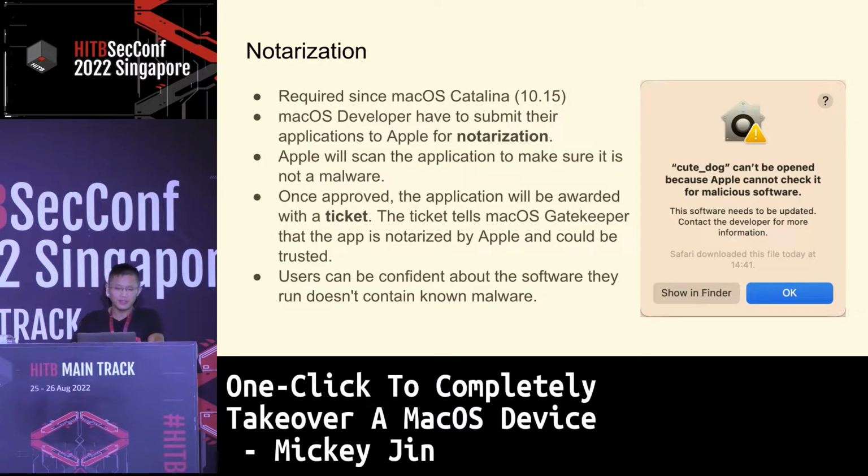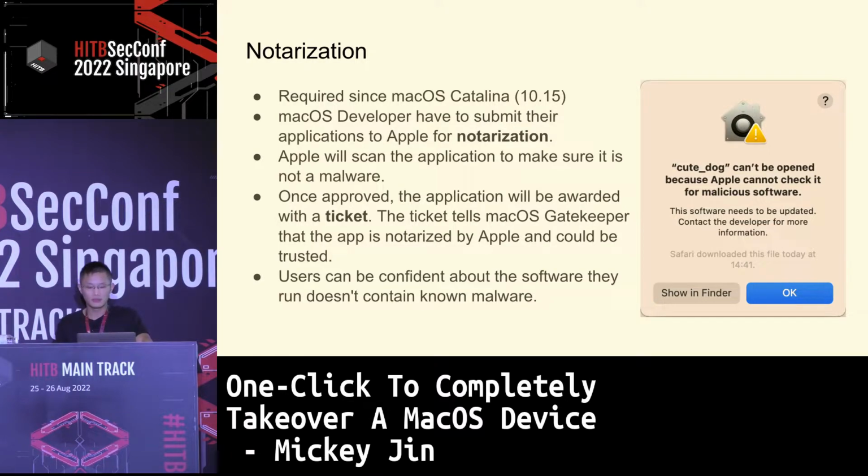To combat this, Apple requires legitimate software to be notarized since macOS Catalina. macOS developers have to submit their application to Apple for notarization. Then Apple will scan the application to make sure it is not malware. Once approved, the application will be awarded a ticket.